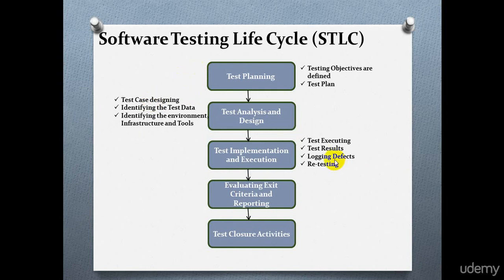The major task in this phase is performing testing using the test cases, creating the log of the outcome of the test execution, comparing the results of the test execution with expected results, logging the defects, and repeating the test activities in order to ensure that the defects identified previously are fixed and no new defects are introduced.